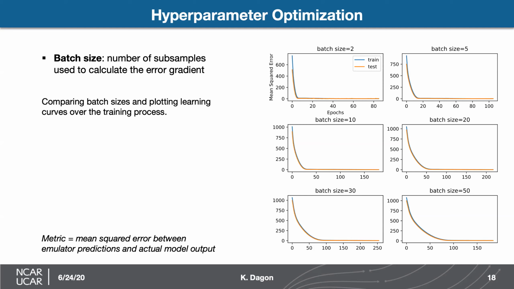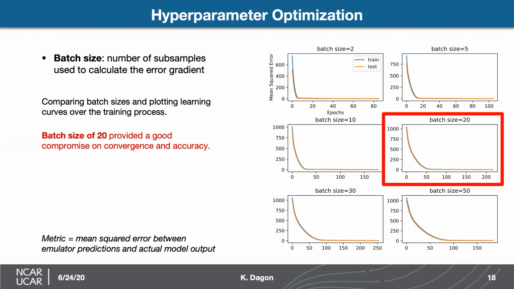Now, I found for my purposes that a batch size of 20, again, was a good compromise between speed and accuracy. But if you're looking at these plots, you might be saying, I can't really tell the difference between them. Part of that is because the error starts out relatively large and decreases quickly, but the y-axis scale is masking the difference between them.